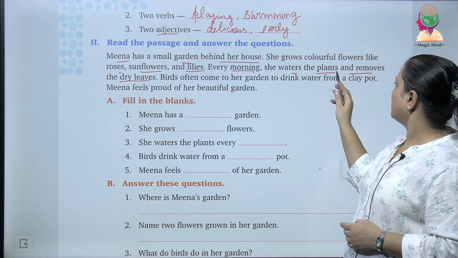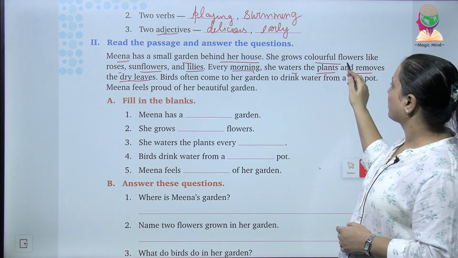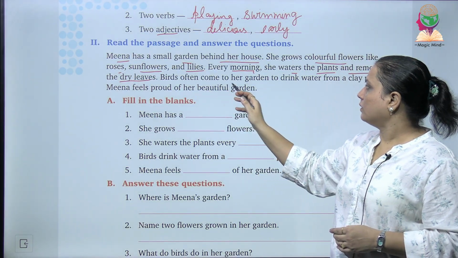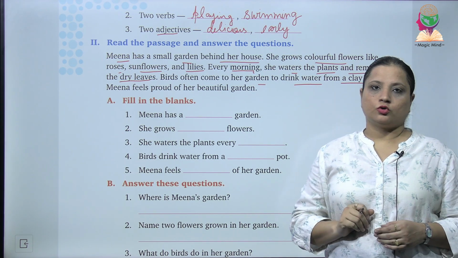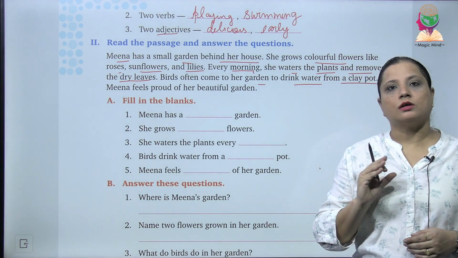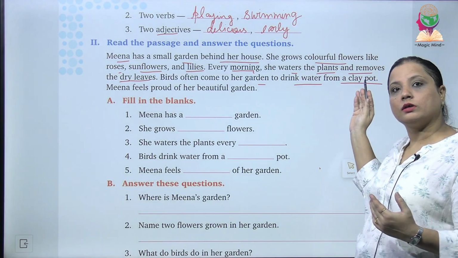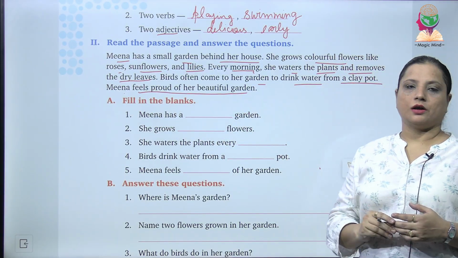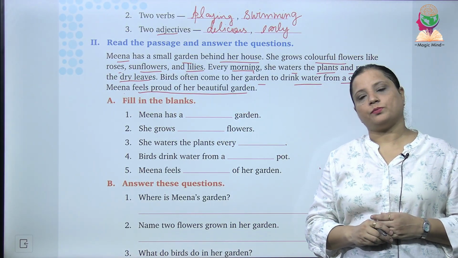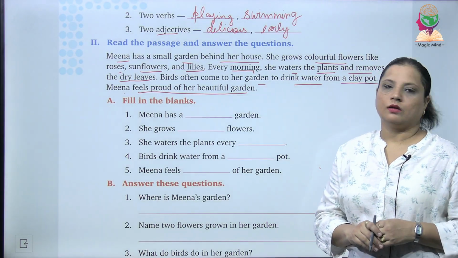She waters the plants and removes the dry leaves. Birds often come to her garden to drink water from a clay pot. So the birds used to visit her garden every day to drink water from where? From a clay pot. Meena feels proud of her beautiful garden. So Meena is very proud of her beautiful garden which she is maintaining very nicely.